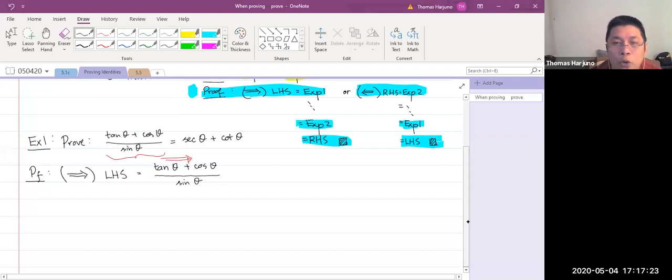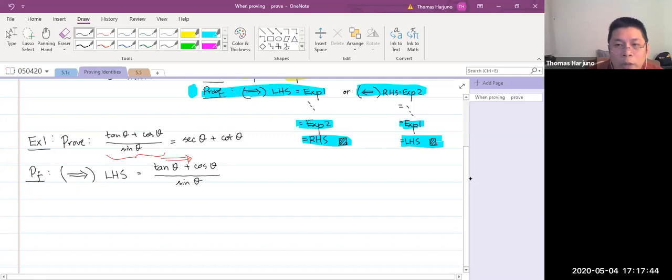Then when you do your proof, the next step should be done in the next line. So you don't go to the right-hand side like this, equals to what, equals to what. No, don't do that. The next step should be done in the next line.